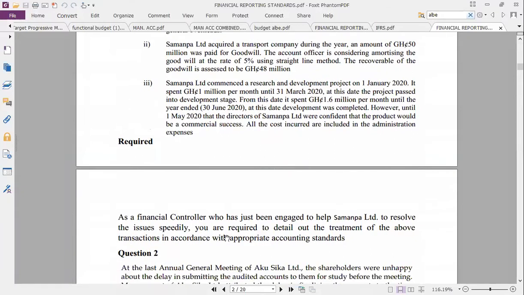Required: as a financial controller who has just been engaged to help Samampa Limited to resolve the issues speedily, you are required to detail out the accounting treatment of the above transactions in accordance with the appropriate accounting standards. So detail the transactions, how they are going to treat them in the books. So we want accounting treatment.